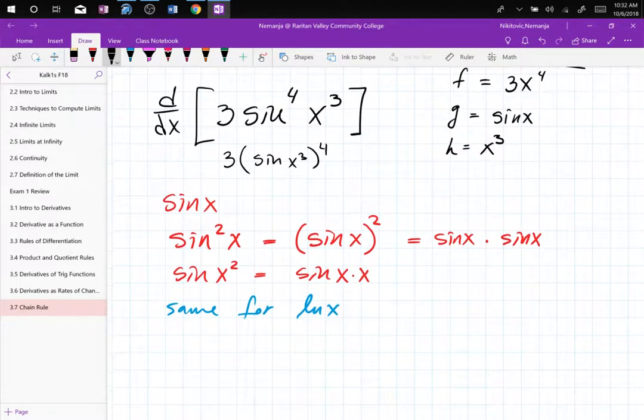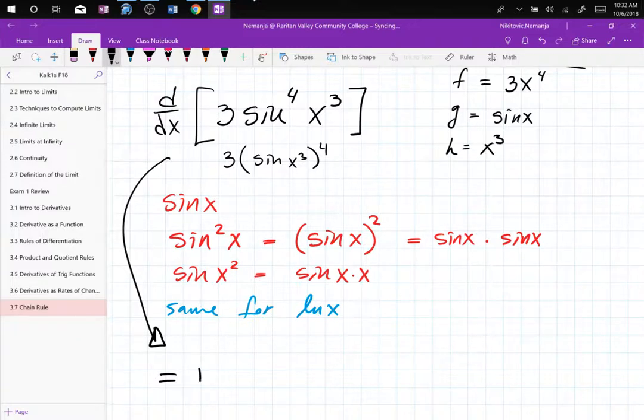So now what? Well, the derivative is going to be equal to, we do the 3x to the 4th first. That's 12x to the 3. X is going to be sine of x cubed inside, because that's the inside.